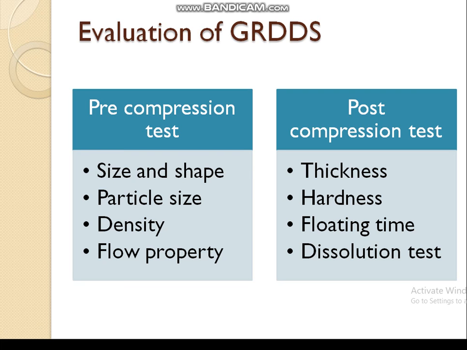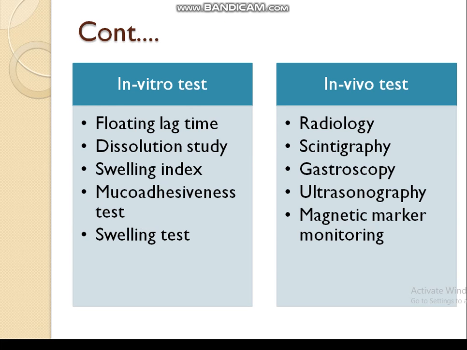Post-compression tests include thickness, hardness, floating time, dissolution test, etc. In vitro tests include floating lag time, dissolution study, swelling index, mucoadhesiveness test, which can be done by texture analyzer, and swelling test. In vivo tests include radiology, scintigraphy, gastroscopy, ultrasonography, magnetic marker monitoring.